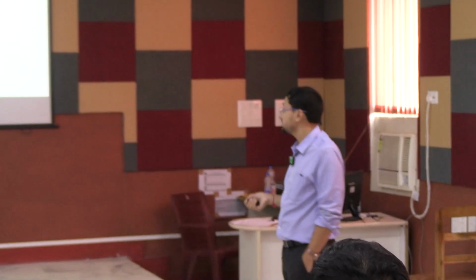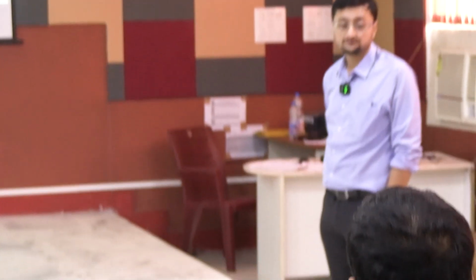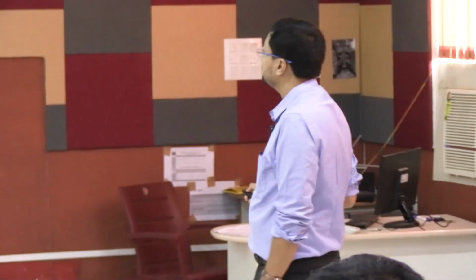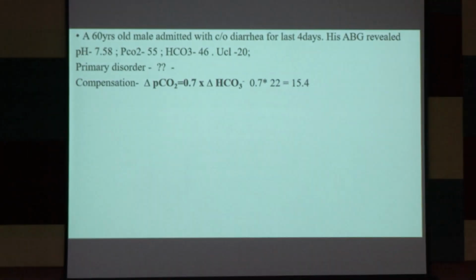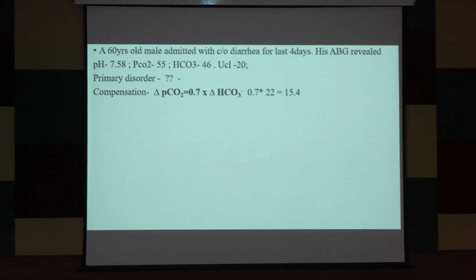So this is the case of primary. What is the primary disorder? Alkalosis. And what is metabolic or respiratory? Metabolic alkalosis. So compensation? So bicarbonate, change of bicarbonate কত? 24 minus 46 কত? 22. তো 0.7 into 22 মানে কত হচ্ছে? 15.4.